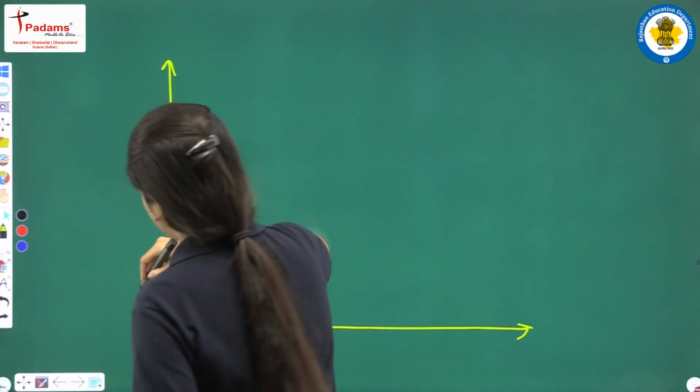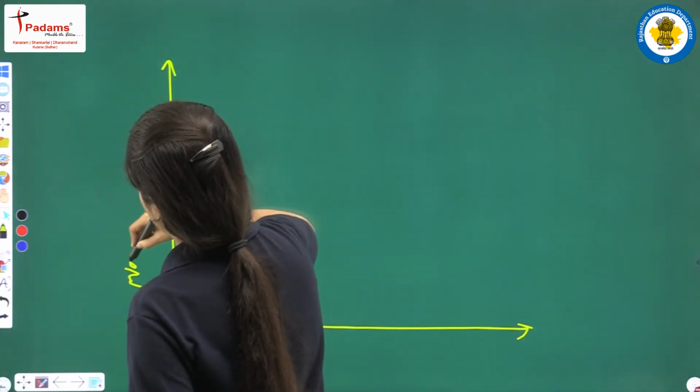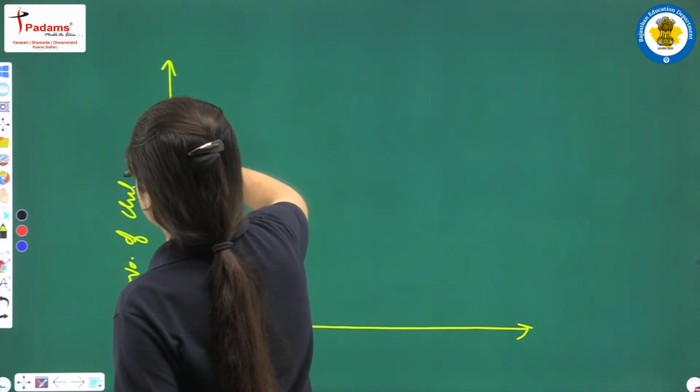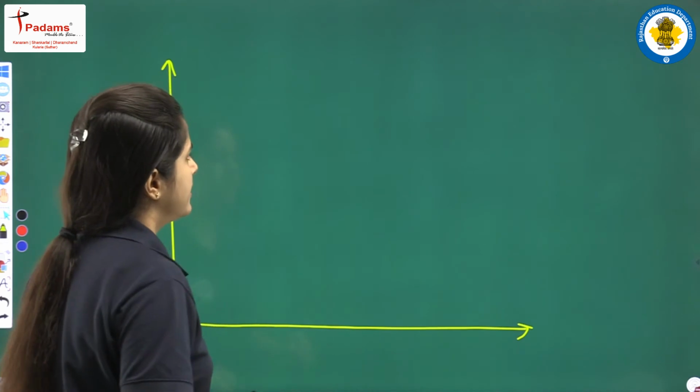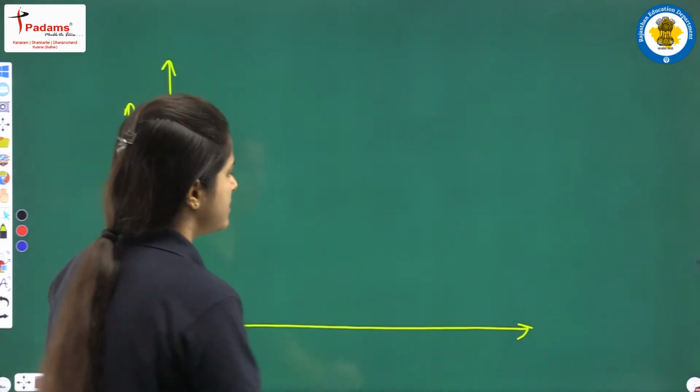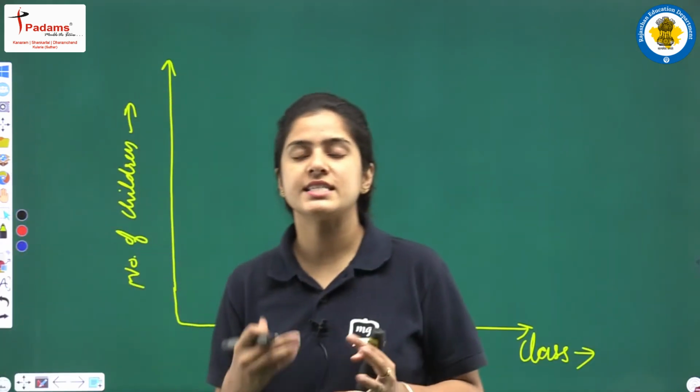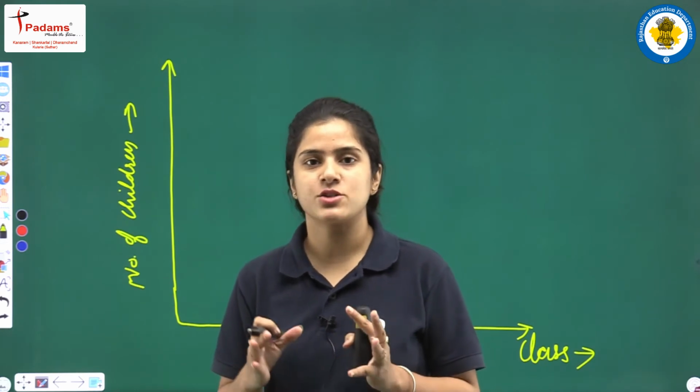Here we'll be taking the number of children, and here are the classes. Students, the scale is 1 unit equals 10 children.